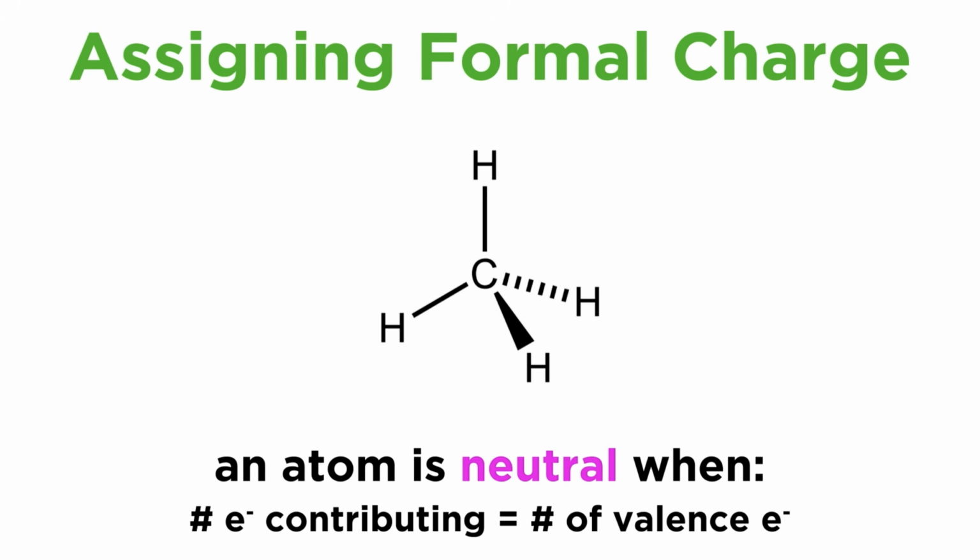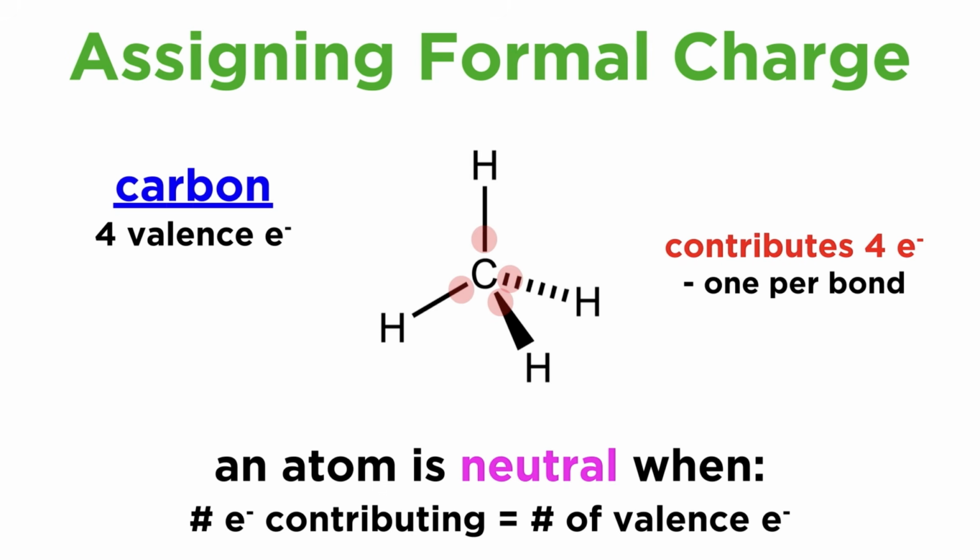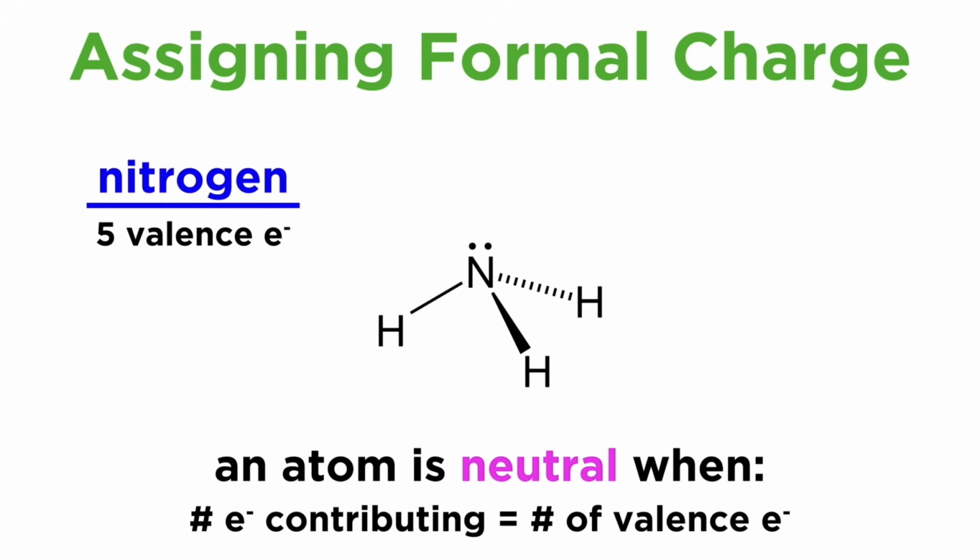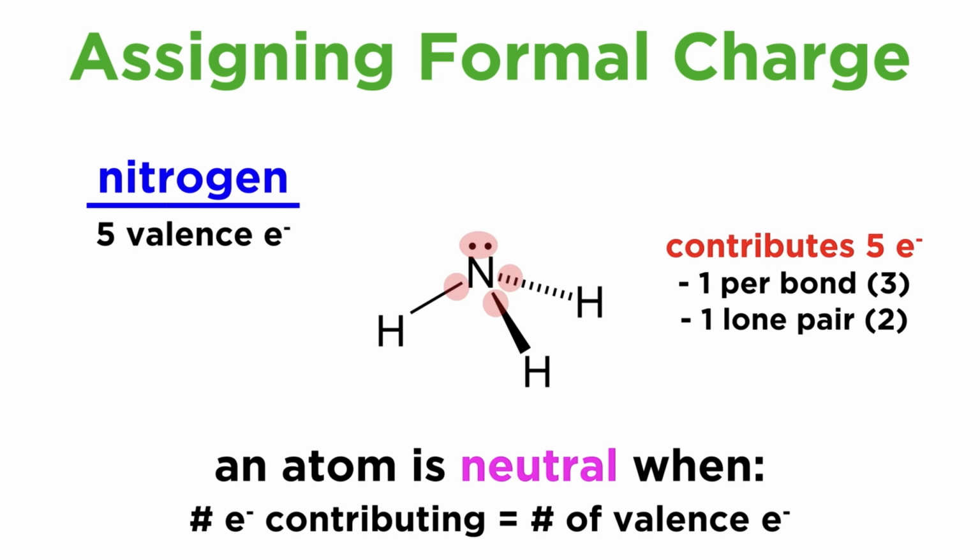An atom will have neutral charge when it is contributing a number of electrons to a Lewis diagram that is equal to its valence. So, for example, carbon has 4 valence electrons, so when it makes 4 bonds, it contributes 1 electron to each and is thus neutral. Nitrogen has 5 valence electrons, so when it makes 3 bonds and has 1 lone pair, it is neutral.